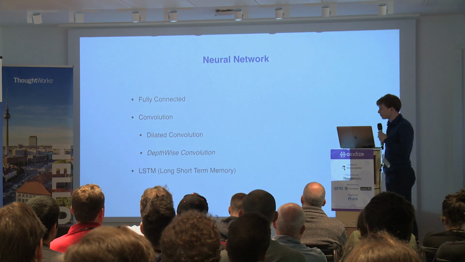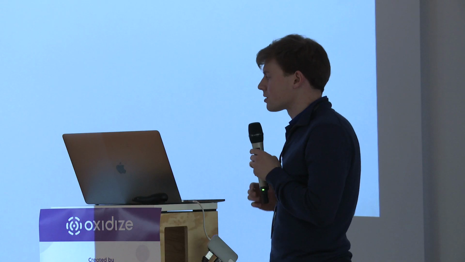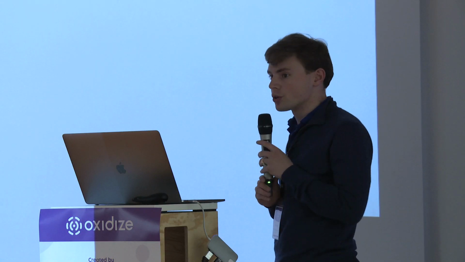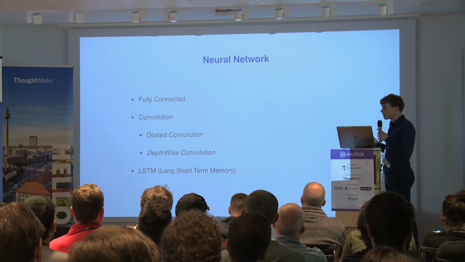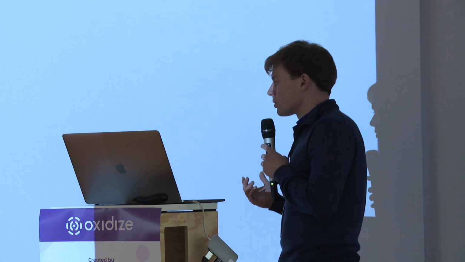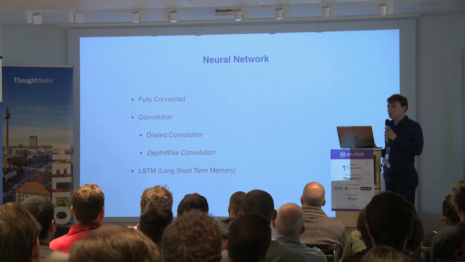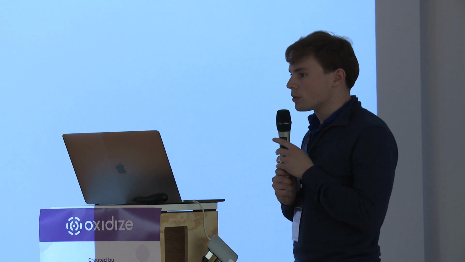And you have different subfamilies, such as the dilated convolution and the depthwise convolution. They are designed to be more efficient with fewer weights. And then we have the LSTM, the long short-term memory, for a different use case. All of that can run on MCUs.